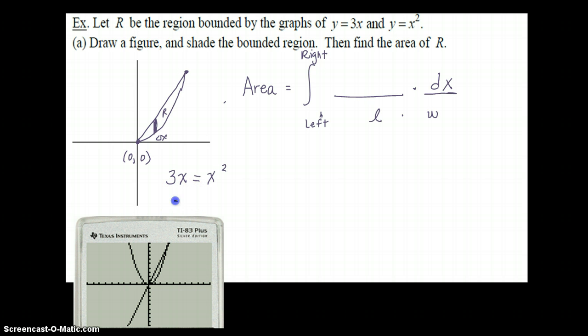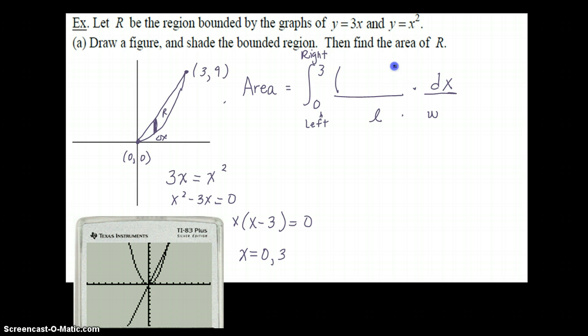And to solve this, you would get all the x's on one side and set it equal to 0 and factor out a greatest common factor. And then we see that we've got two zeros, one at 0 and one at 3. So the coordinate pair out here has an x value of 3 and a y value of 9, because I can put it into either equation to find the y value. So we're going from left-hand side 0 to right-hand side 3.